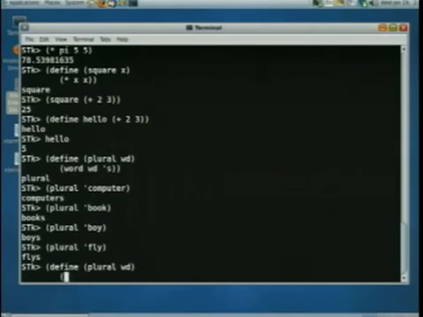Okay, so what's different about fly? It ends in a Y. Equal, question mark. Equal question mark is a built-in predicate function. A predicate is a function that returns the value true or false.